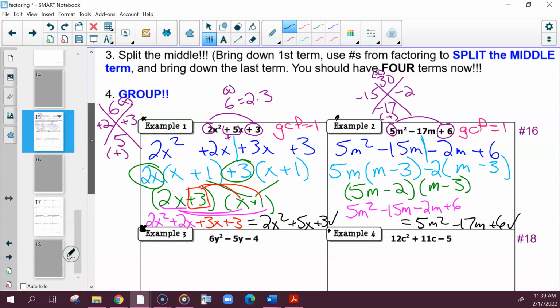Yes, all of what you just said is correct. We found negative 15 and negative 2 from two numbers that multiply to be 30, but add to be negative 17. We take out the middle term and replace it with the two numbers we found. Any other questions?